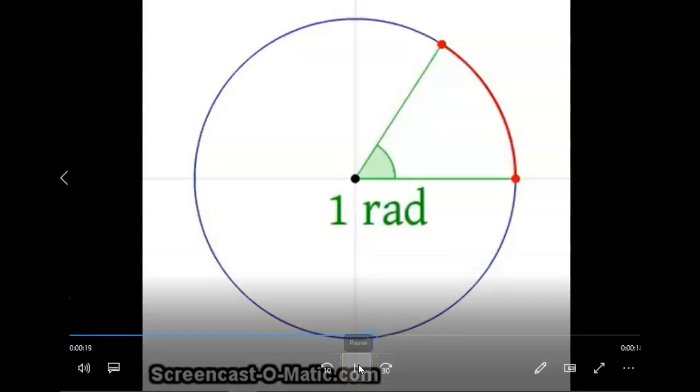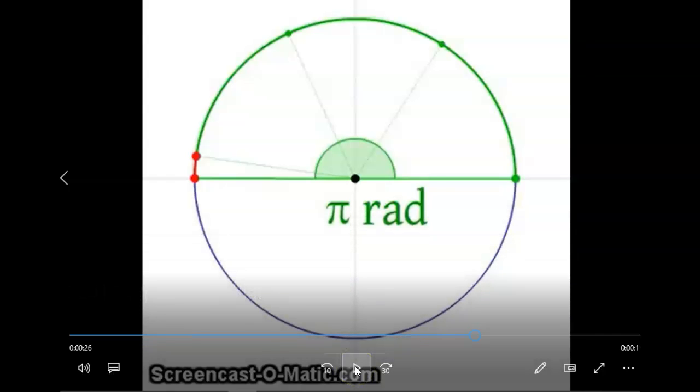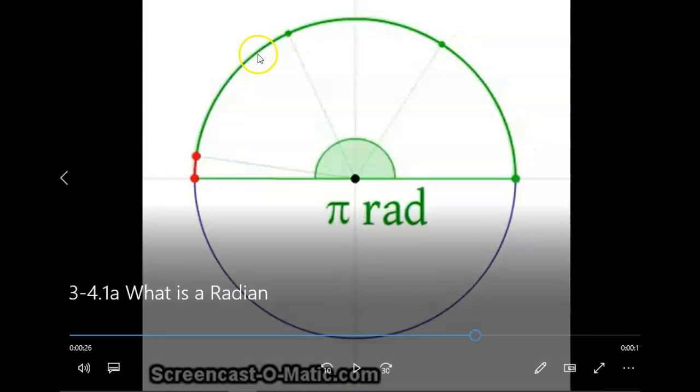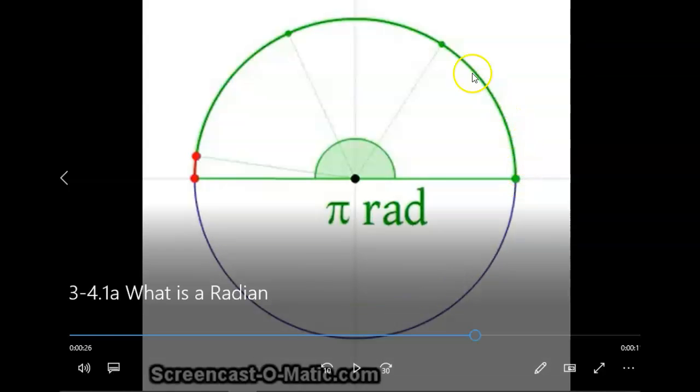Since the circumference of a circle is 2 pi r, there should be 2 pi radiuses in a circle. So here, 1 radian, 2 radians, 3, a little bit more than 3 radians, right? And a little bit more than 3 is pi, 3.14. So to get from 0 to 180, that is pi radians.